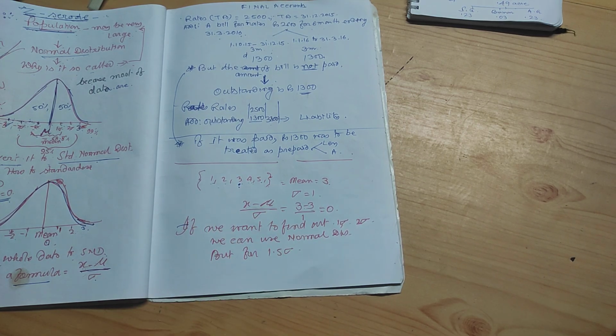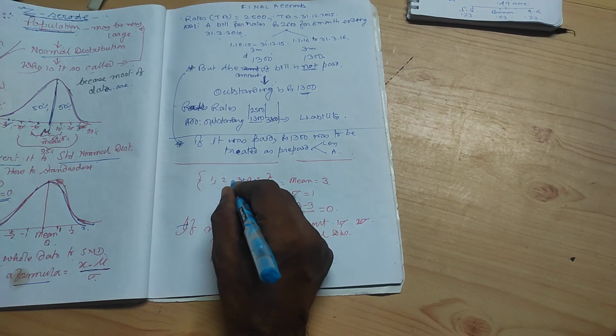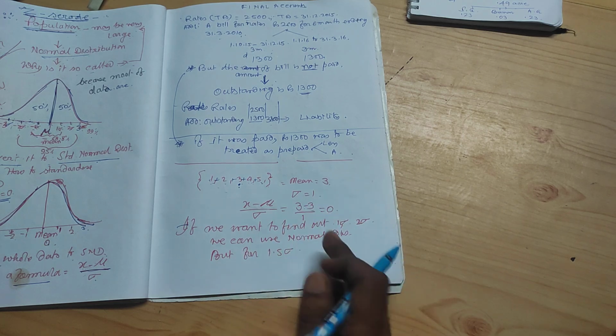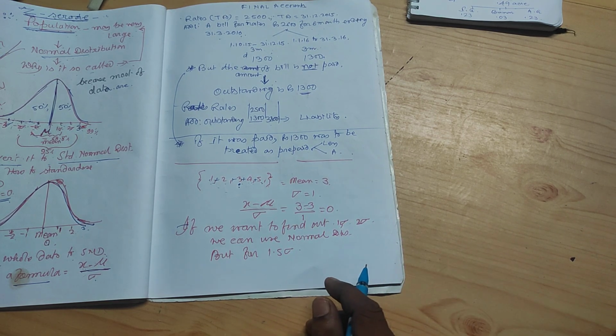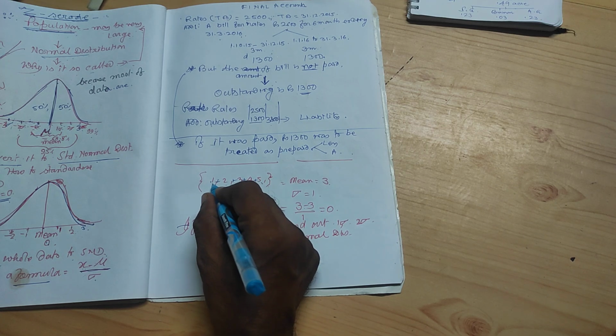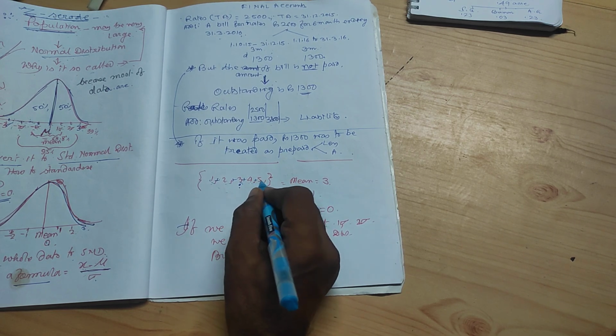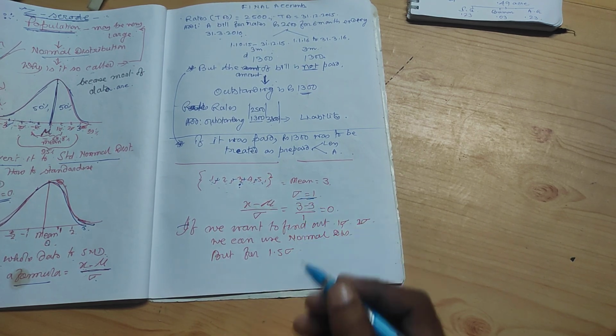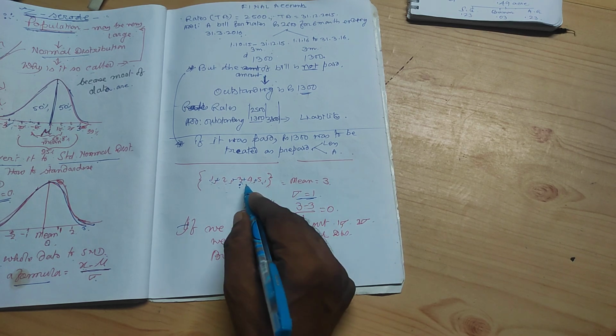Or you can add it up and divide by 5: 15 divided by 5 gives 3. And from 3 to 1, 1 to 2, 2 to 3, 3 to 4, 4 to 5, the standard deviation is 1.